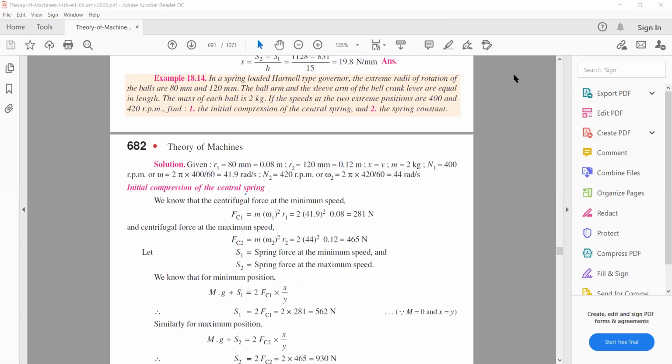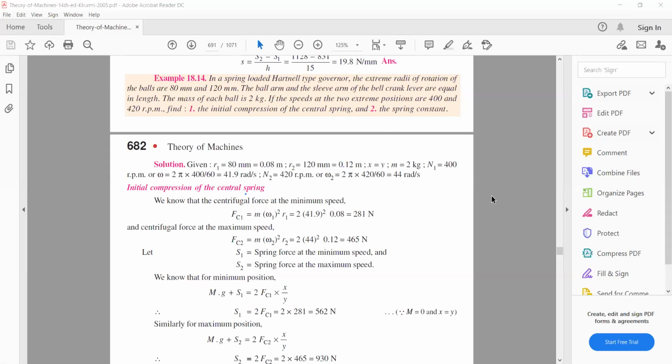In a spring-loaded Hartnell type governor, the extreme radii of rotation of the balls are 80 mm and 120 mm. The ball arm and the sleeve arm of the bell crank lever are equal in length.